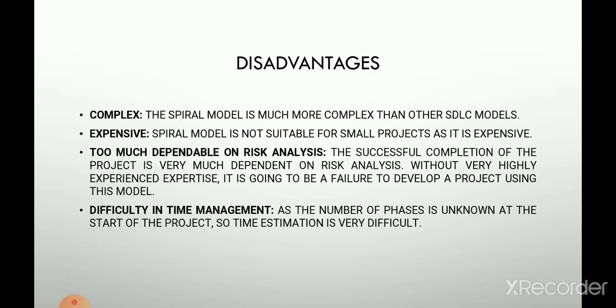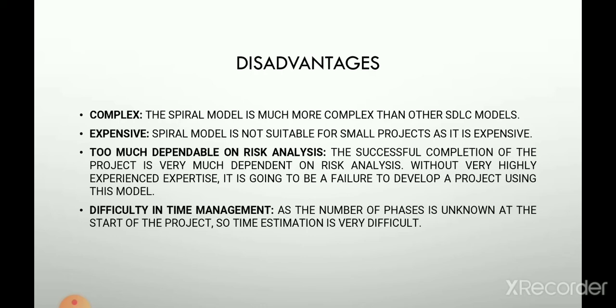The successful completion of the project depends very much on risk analysis. Without highly experienced expertise, it is going to be a failure to develop a project using this model. Difficulty in time management. As the number of phases is unknown at the start of the project, time estimation is very difficult.